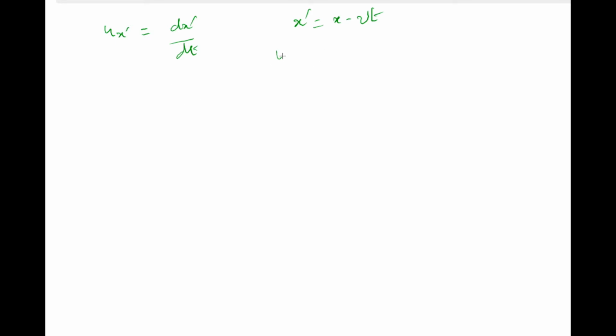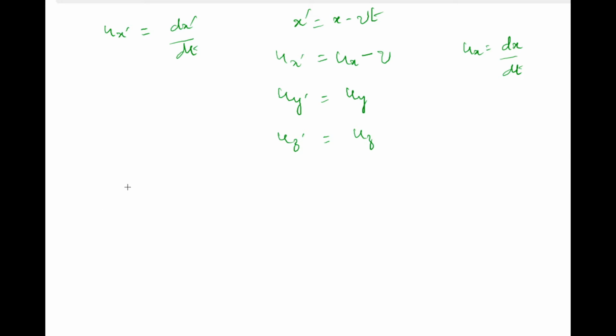Therefore, our ux prime would be equal to ux minus v, where ux is nothing but dx over dt. So this is our expression. And similarly, for y prime we would naturally get uy only, and for z prime, you will have uz.